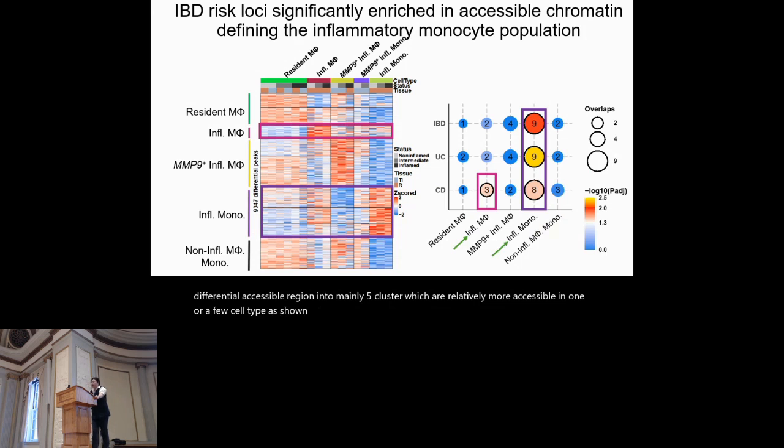And then we tested the enrichment for those clusters of peaks for the IBD risk loci. Here we can find for the accessible regions more in the inflammatory macrophage population, particularly the Crohn's disease risk loci are enriched. And then the inflammatory monocytes' highly accessible regions are co-localized across the Crohn's disease and the ulcerative colitis.